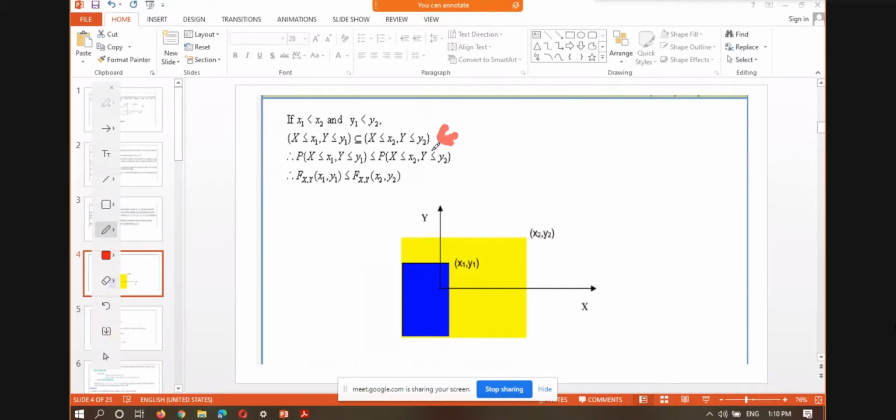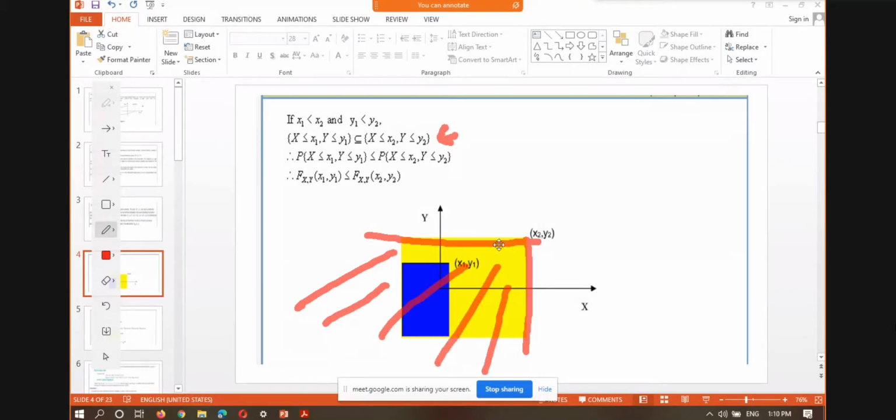If this is the line x equal to x2 and this is the line y equal to y2, we cannot plot infinitely, but the whole yellow region is X less than or equal to x2 and Y less than or equal to y2. The blue region is for the event X less than or equal to x1 and Y less than or equal to y1.